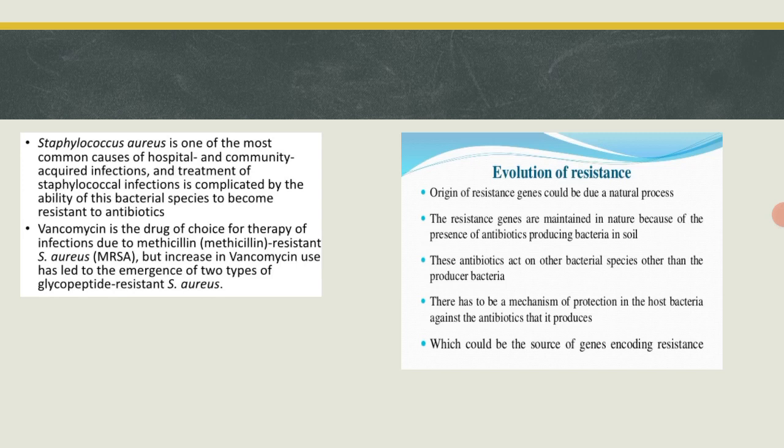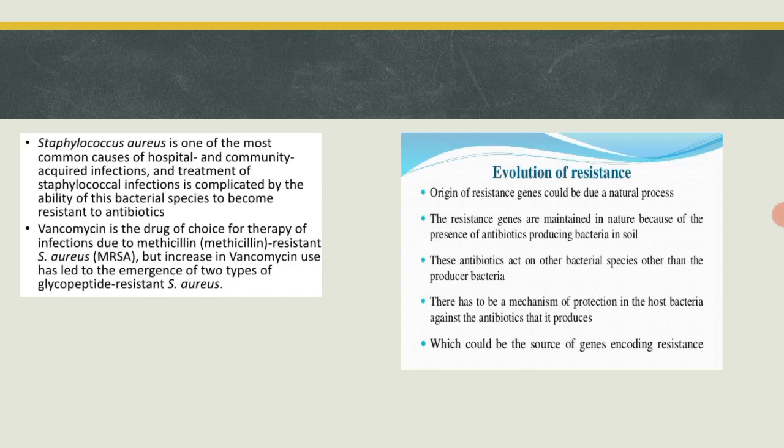Then methicillin was implemented for the treatment. Again S. aureus developed resistance against methicillin also. And then vancomycin came into the picture, a newly discovered drug. Then S. aureus was so capable of producing such mutant strains that it mutated again and developed resistance against vancomycin also.